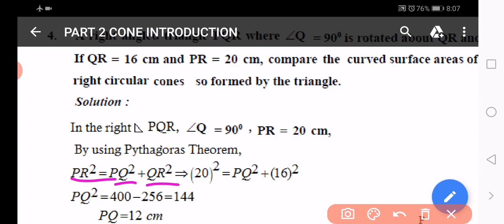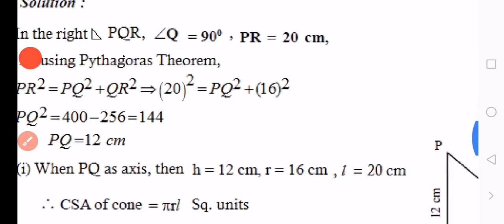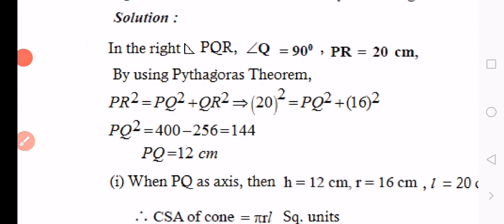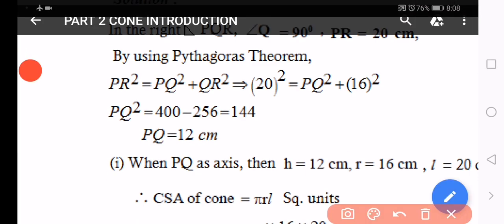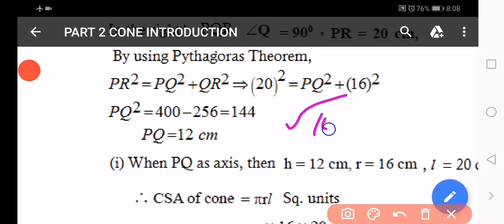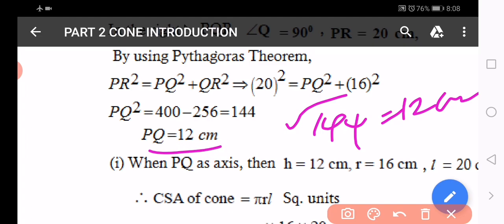So we apply PR is 20 and QR is 16. We get PQ squared equal to 400 minus 256 is equal to 144. Therefore PQ equal to root 144 equal to 12 centimeter.